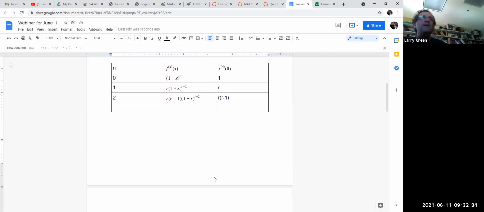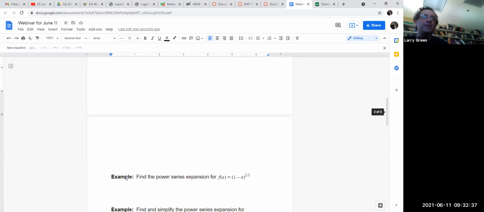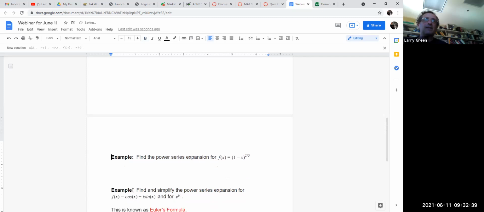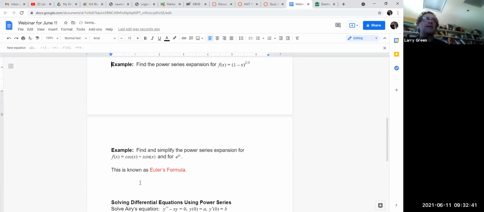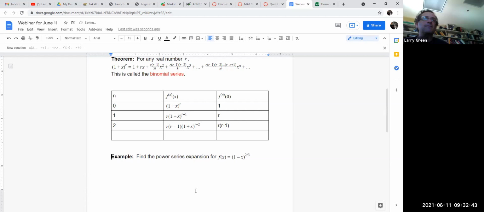Okay, let's do an example. Once you have the series down, the examples are simple. Let's see if we can find (1 - x)^(2/3). So why is this not exactly the binomial series?